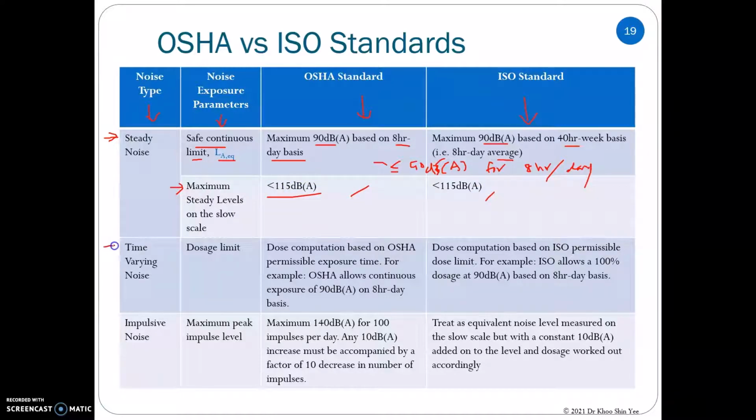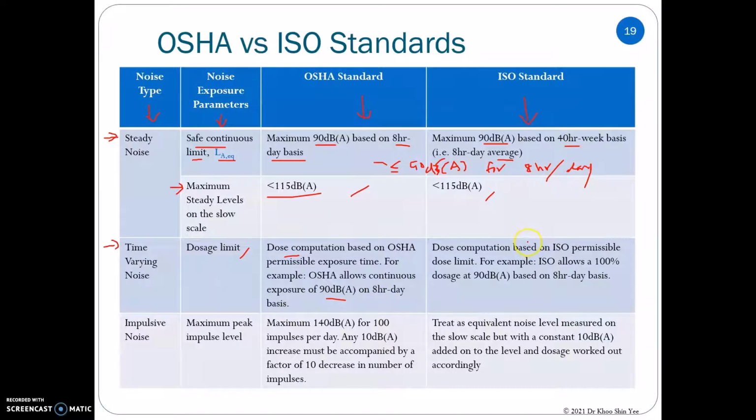If the noise type is fluctuating noise, or what we call the time varying noise, in this case we are using the dosage limit as the noise exposure parameter. For the OSHA standard, the dose computation is based on the OSHA permissible exposure time. For example, OSHA allows continuous exposure of 90 dBA on 8 hours per day basis.